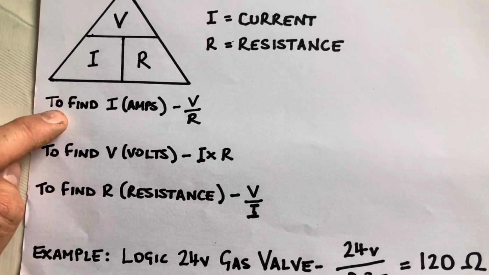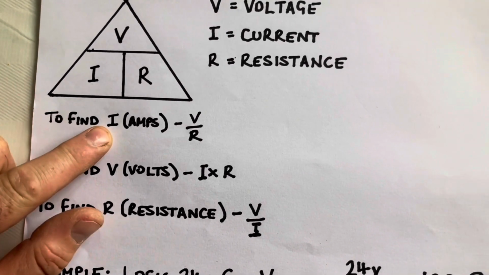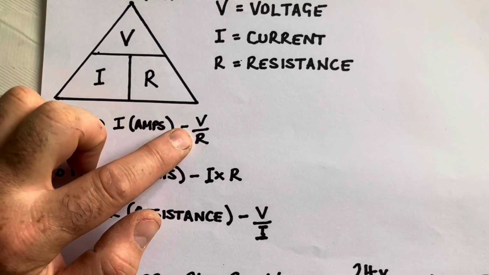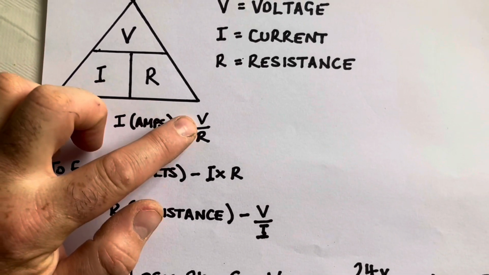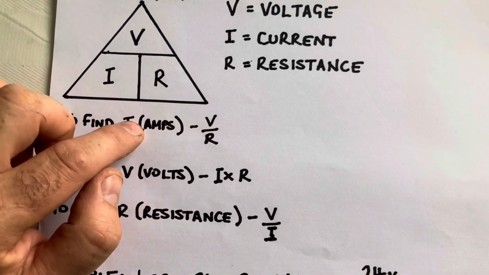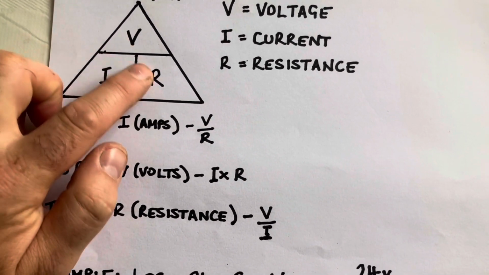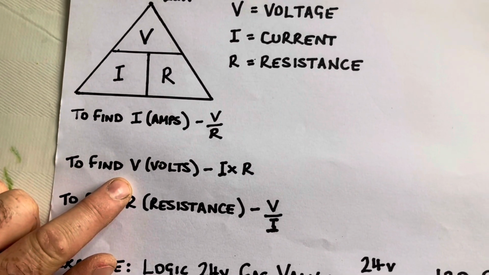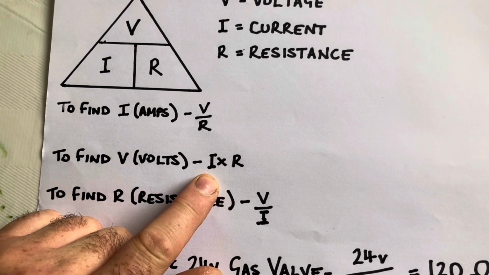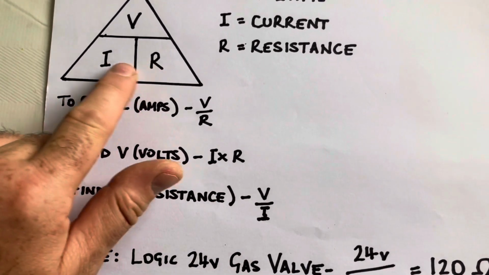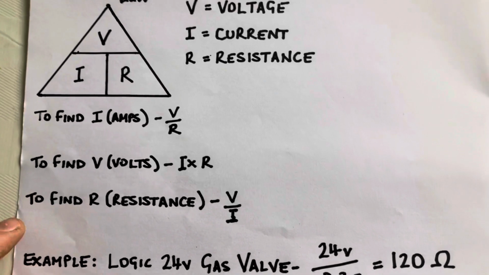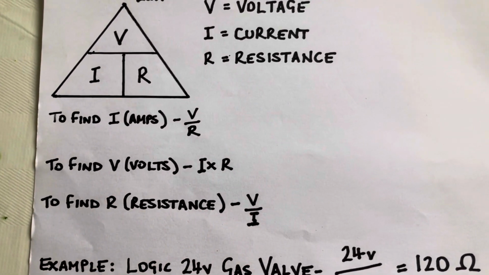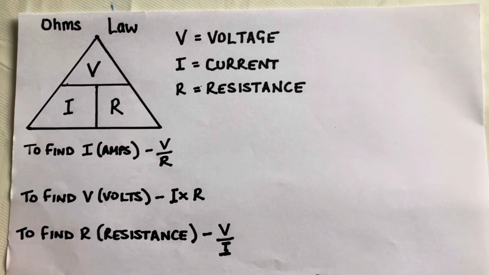For instance, to find the amps pulling on a component, if you know the voltage and the resistance, you divide the voltage by the resistance and it gives you your amps. So V divided by R gives you I. To find volts, you multiply current by resistance. And to find resistance, you divide voltage by I, which is your amps.